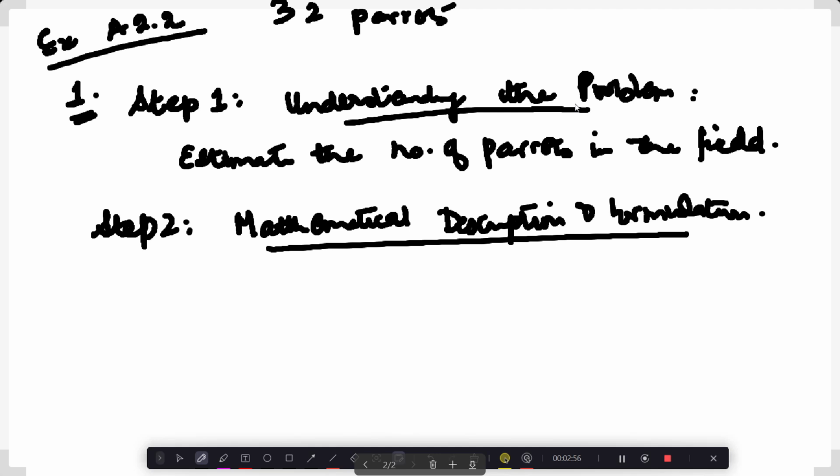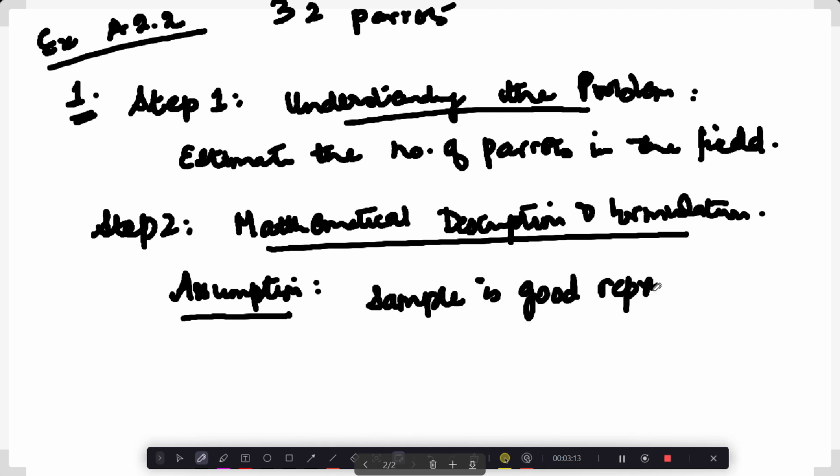So what is the assumption we have taken? The assumption we have taken is that the sample is a good representative.